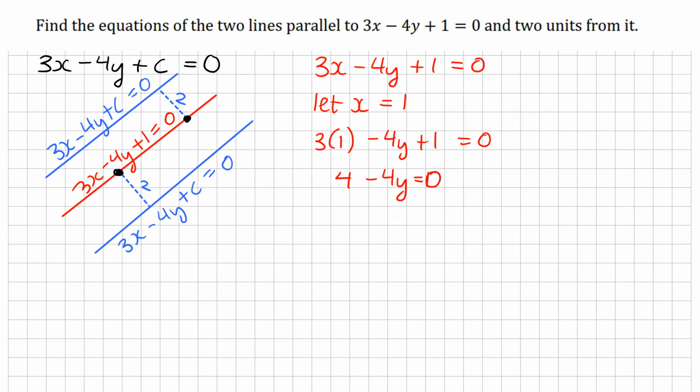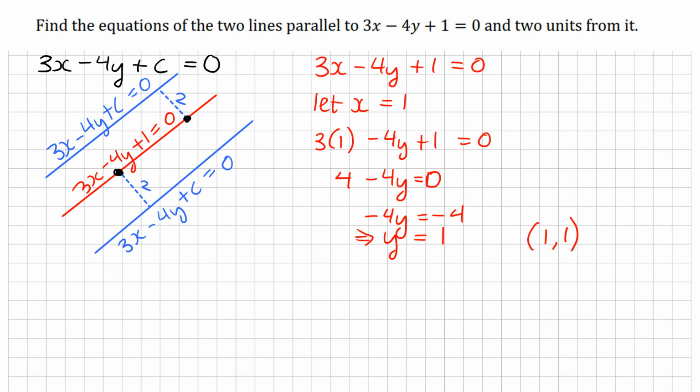The reason why I went for 1 at the start is I could see from analysing the equation that it was going to give me a 4, which is the same as the coefficient in front of y, making my calculation a little bit easier. So minus 4y is equal to minus 4, which will ultimately give me that y is equal to 1 as well. So that means I know that (1, 1) is on my red line.